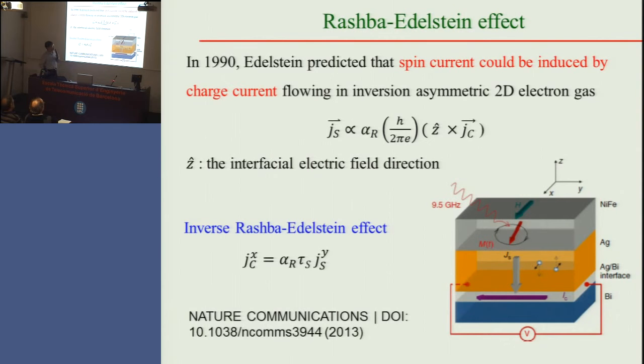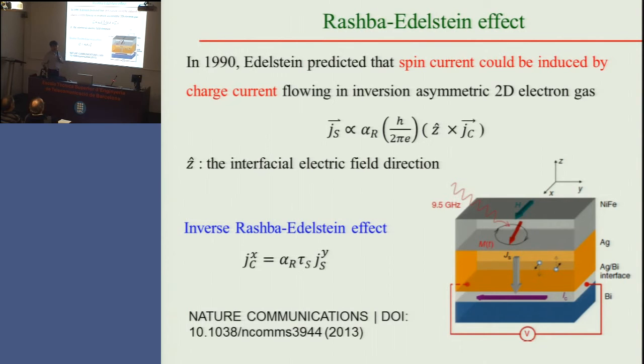That is the Rashba-Edelstein effect. So the conditions are like this. One condition is that you should have a two-dimensional system. The second is that you should inject some spin-polarized current into that two-dimensional system. In the end, what you observe is a voltage across the sample.